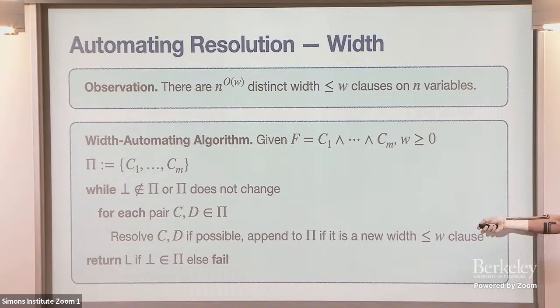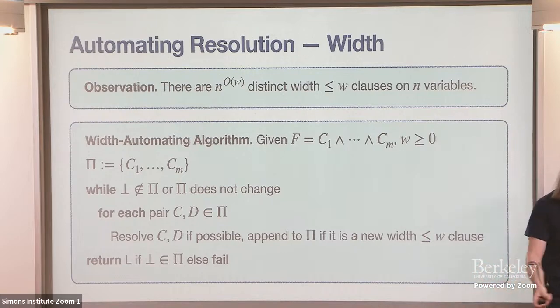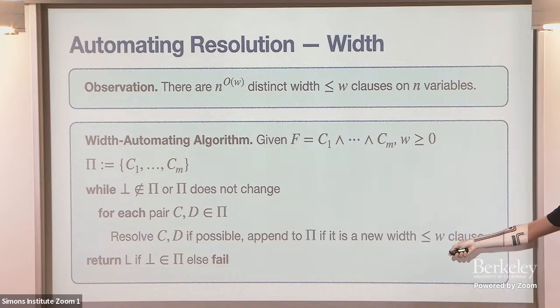And then as long as I haven't derived a contradiction, or until the proof doesn't change, like I can't derive anything new, I'll do the following. For every single pair, just resolve them together if I can, and then append it to the proof if the new clause is low width. Does that make sense? Very simple. Once the empty clause appears in my proof, I'll return it. Otherwise, I'll fail, because then there is no width w proof.